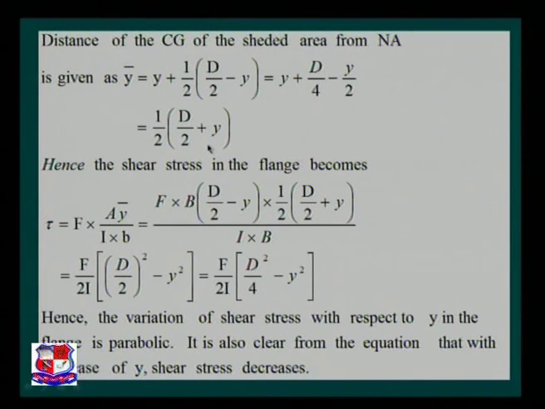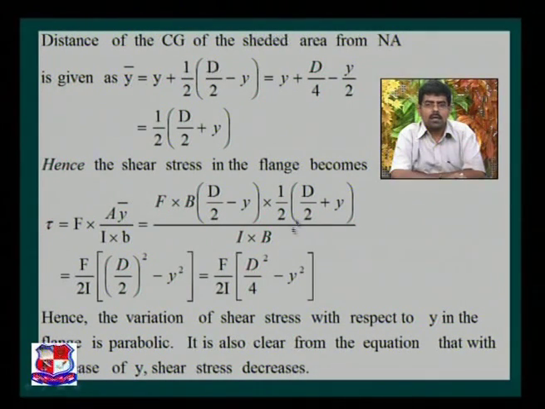Now substituting all these values in this single equation, tau equals F A y bar by I B, then F multiplied by A y bar, B bracket d by 2 minus y, into, this is the area, y bar half of d by 2 plus y, divided by I B. Simplifying this equation, we get F divided by 2I bracket d by 2 square minus y square.